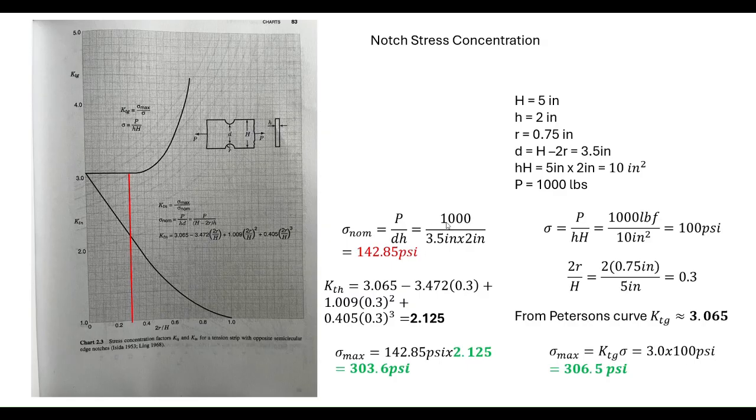And I've calculated that for a 1,000 pound load. Excuse my missing units here. You get about 142.85 psi. And if you plug in this 0.3 into this equation, you get 2.125. And from that, we get a peak stress sigma max of 303.6 psi, which agrees relatively nicely with our other stress concentration factor.